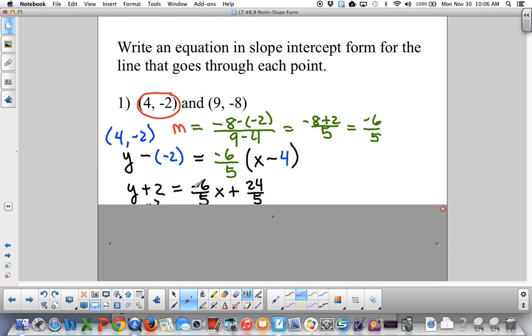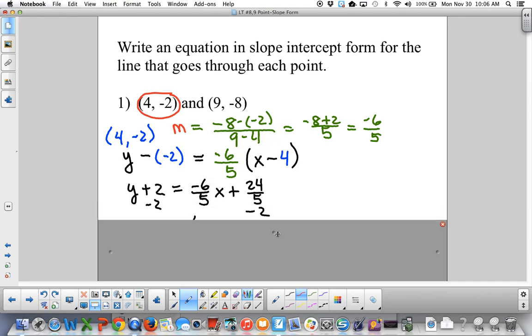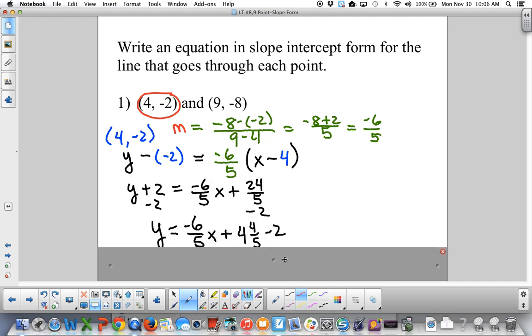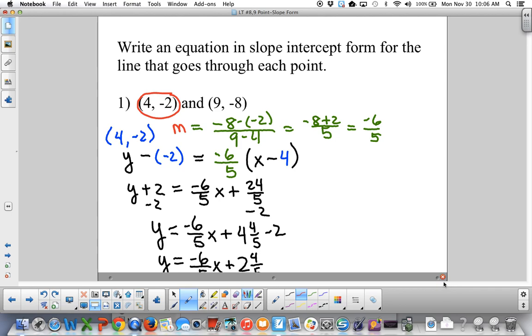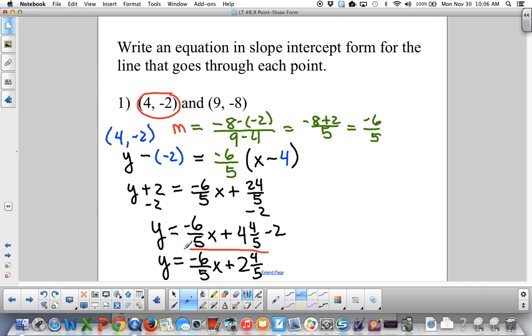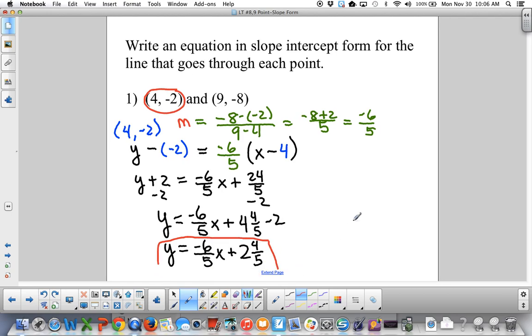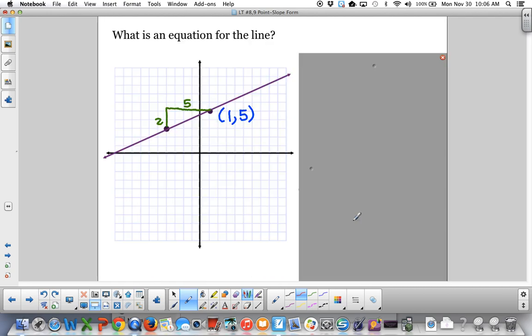So I get y plus 2, and I distributed the negative 6/5 in. Then I'm going to subtract 2 on both sides. I change this to a mixed number. 4 4/5 minus 2 is 2 4/5. So I get my slope-intercept form. How did you do? Hopefully very well.